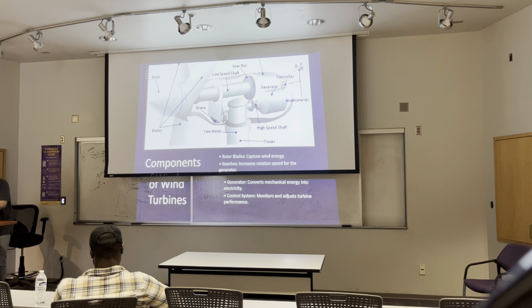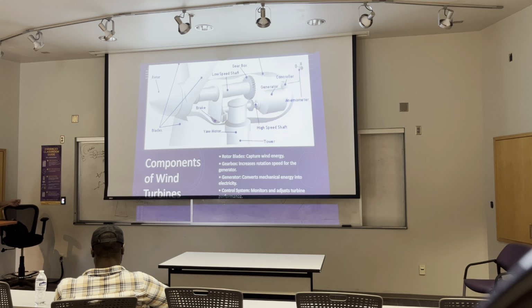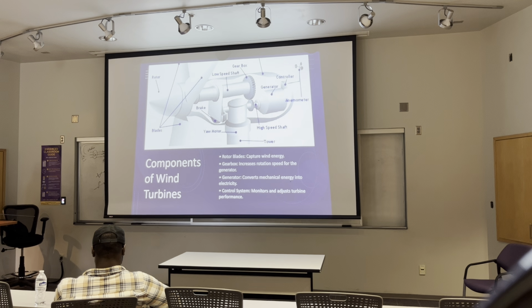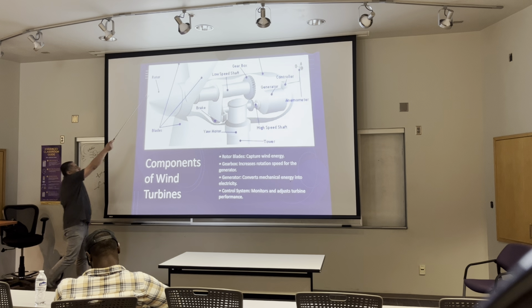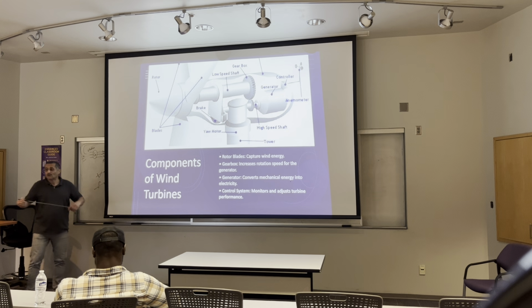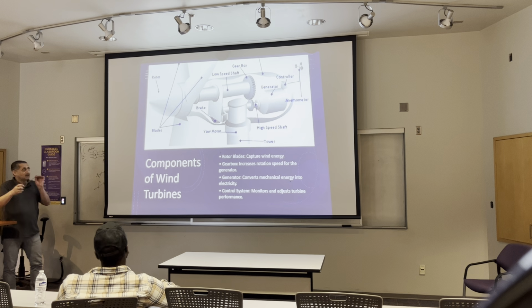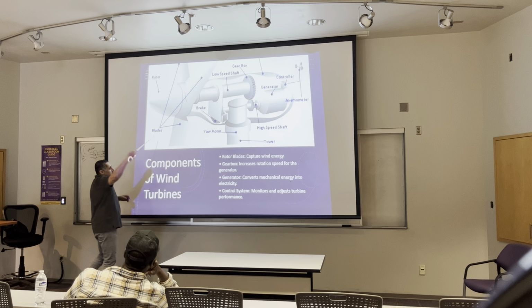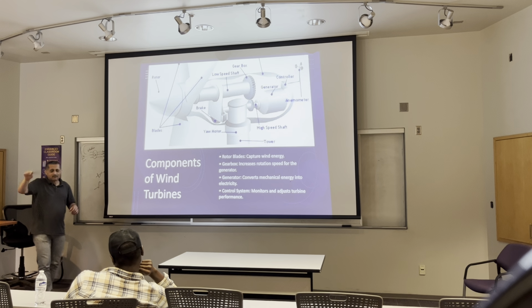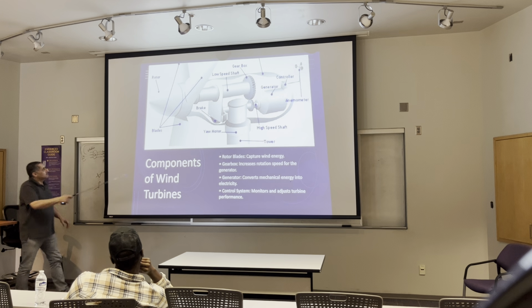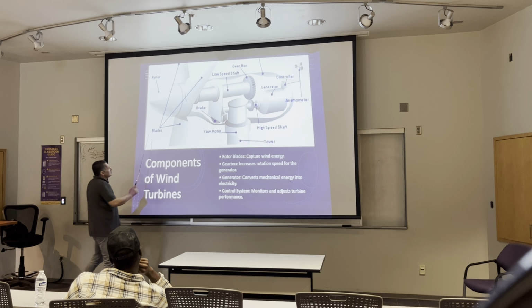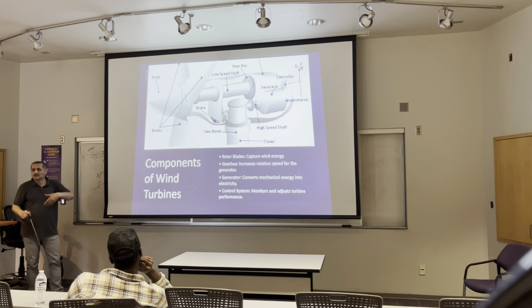Parts of the wind turbine, or components of the wind turbine. This part is the rotor. This is for vertical, horizontal type, but the blades are vertical. Okay, as vertical. 1, 2, 3 blades. We will discuss the length of the blades.